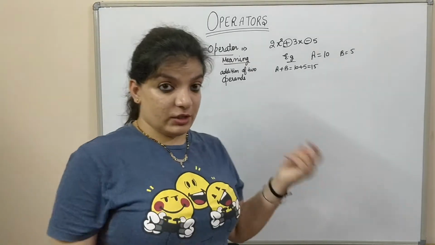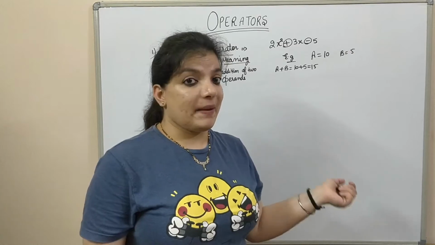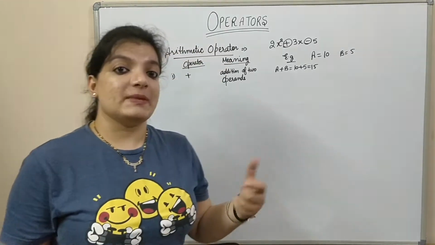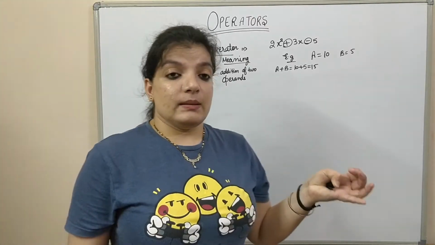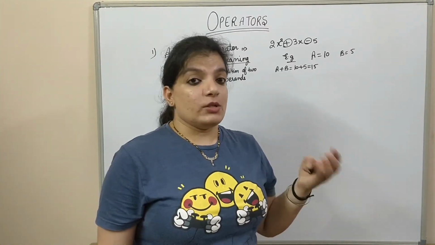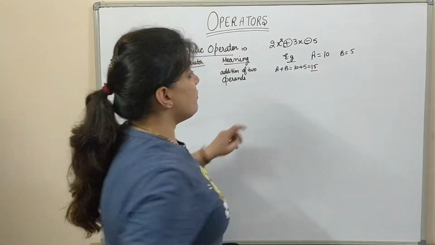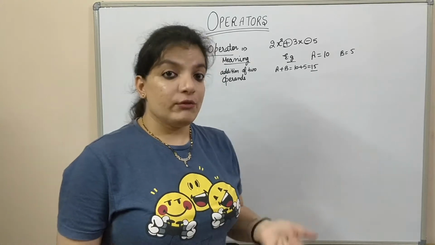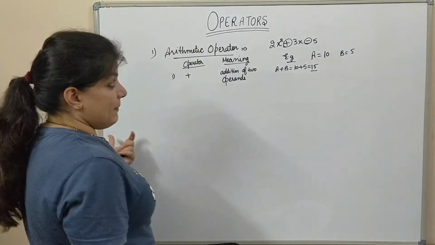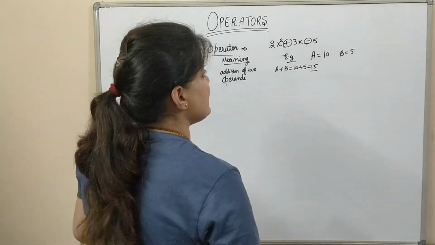So what is the definition of an operator? An operator is a symbol that tells a compiler or interpreter to perform specific calculations on mathematical, that is arithmetical, relational and logical operations, and produce a final result. So what did it produce? It produced the sum of two numbers, that is 15. I am taking a Python programming language example.